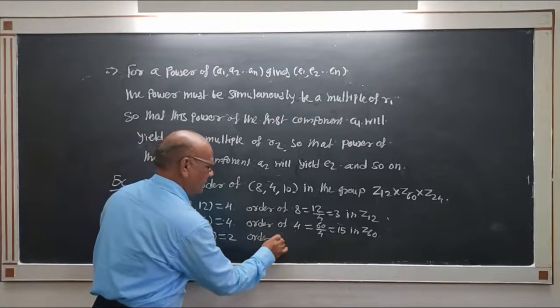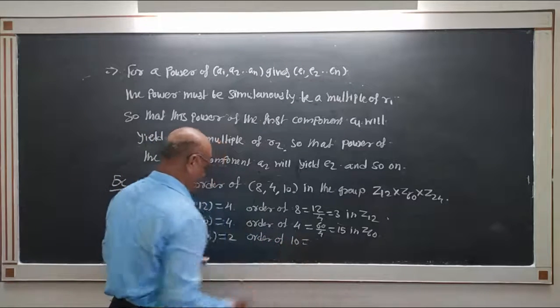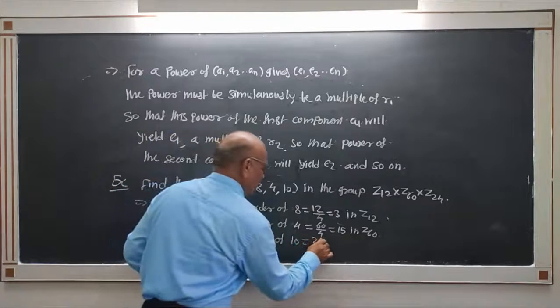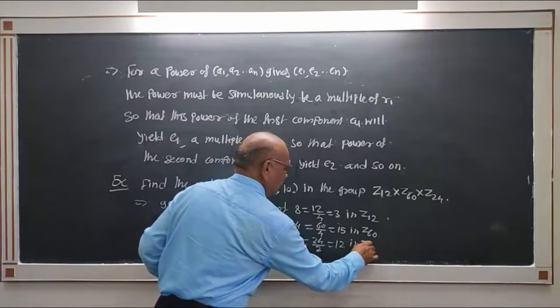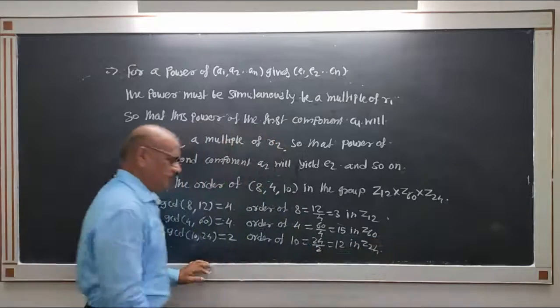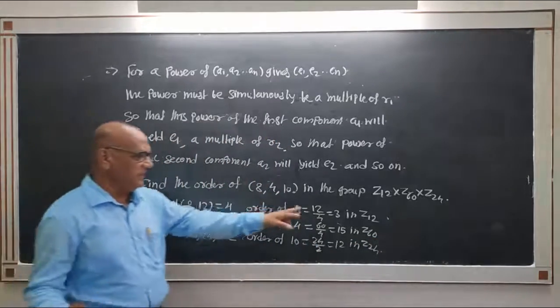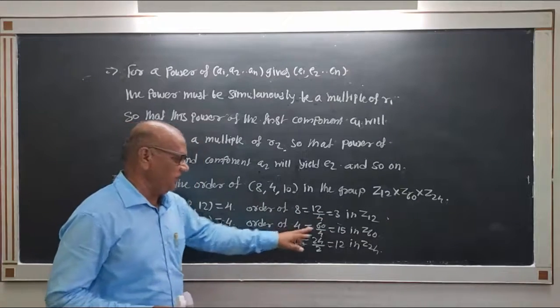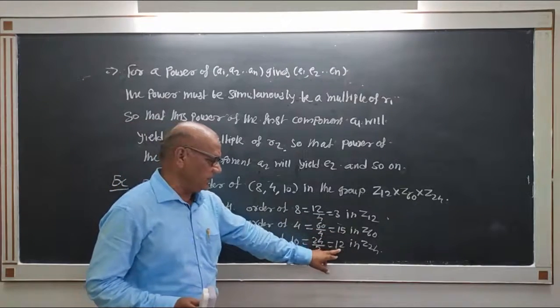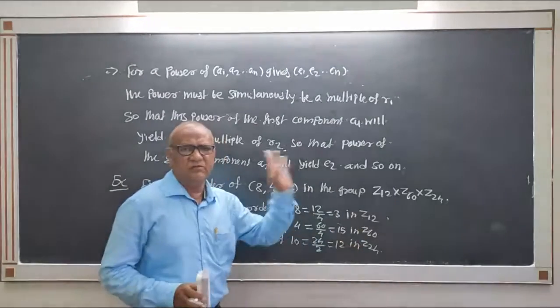Order of 10 is equal to 24 divided by the GCD, which is 12 in Z24. Here order of 8 is 3, order of 4 is 15, order of 10 is 12 in respective groups.